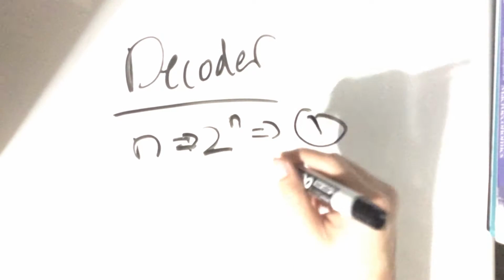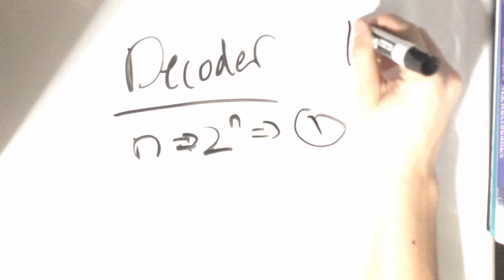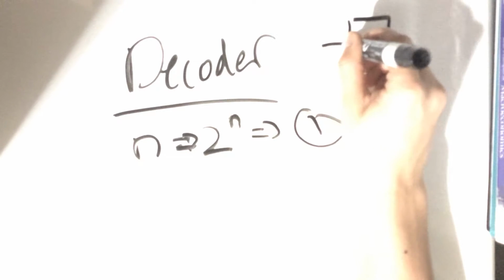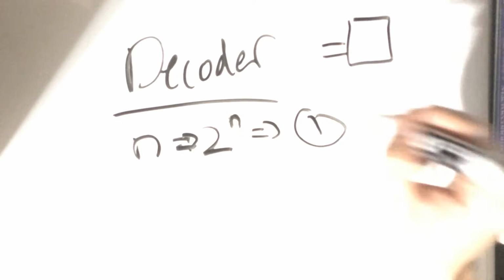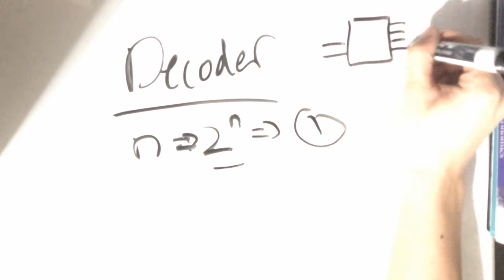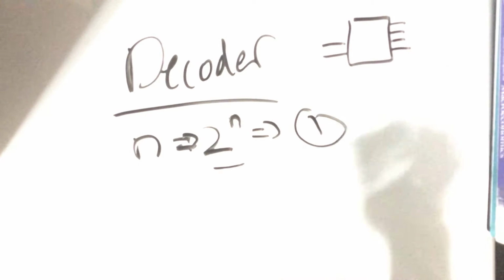Let me go ahead and draw a little diagram here. If we had 2 inputs, we would have 2 to the n outputs, which gives us 4, and only one of which can be set at any point in time. Let me explain the functionality of a decoder.